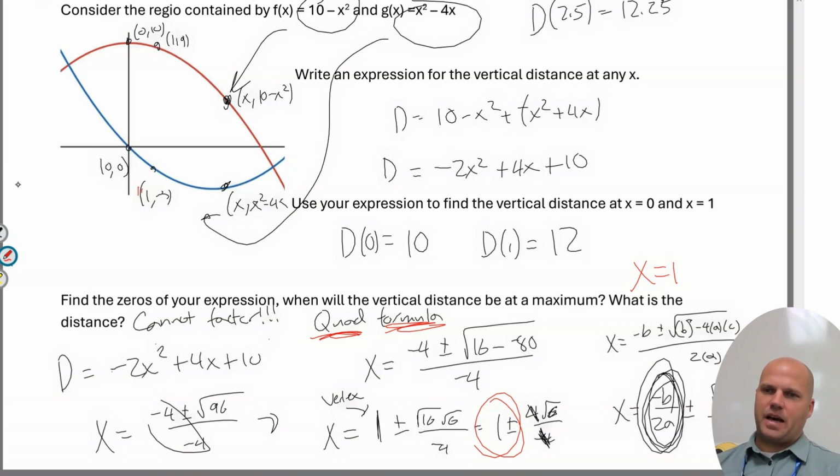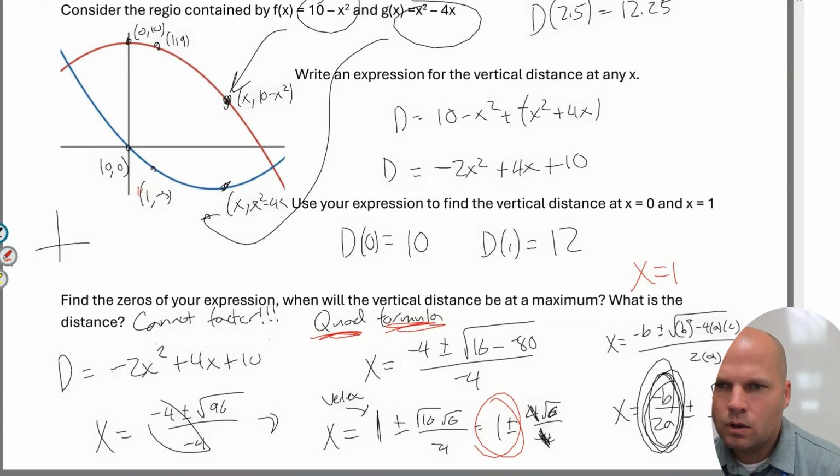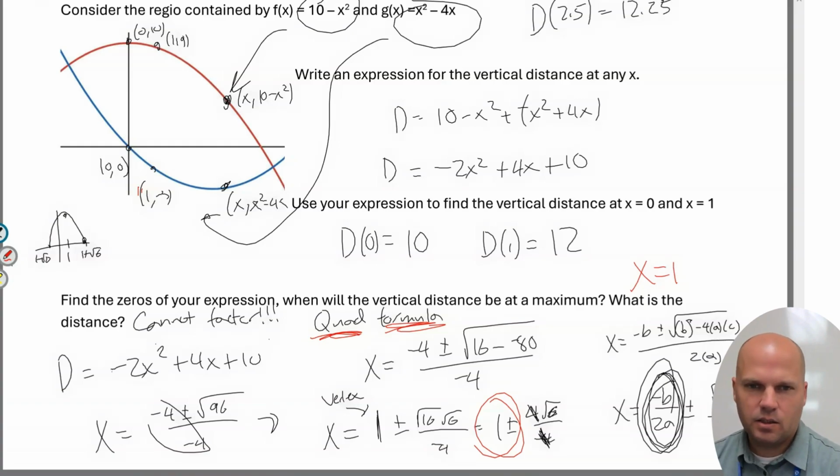If you don't understand this, just watch it again or come in and I'll give you a problem before school. We have 1 plus root 6. We have 1 minus root 6. 1 must be the location of the vertex. Okay? And that's the idea behind the quadratic formula. X equals 1, the distance is 12. Wins. All right. Peace.